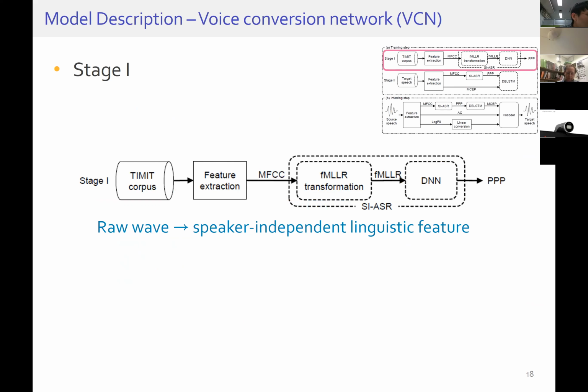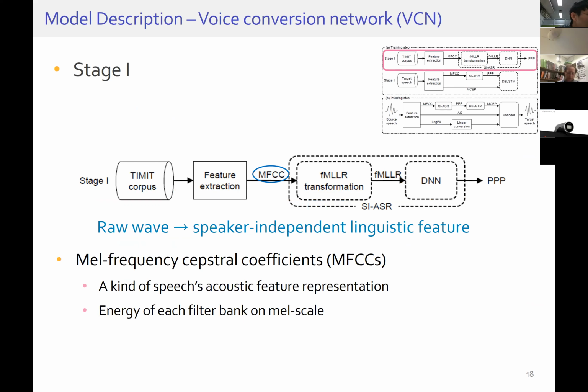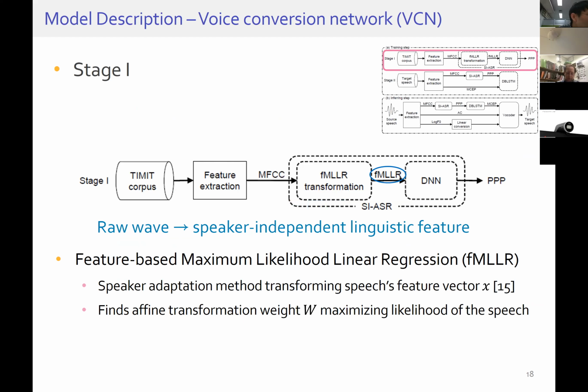SIASR gets Mel-frequency cepstral coefficients, MFCC, as an input. MFCC is an acoustic feature of the speech which represents the energy status of each frequency range. Feature-space maximum likelihood linear regression, fMLLR, is used for speaker adaptation.